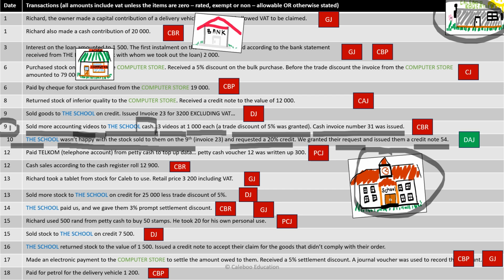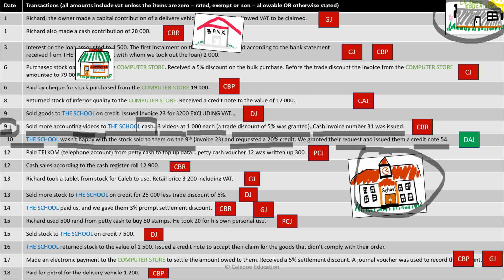I'm just changing that wording, because if we sold the items to the school for cash, we definitely don't want to go and credit their account, because they're actually not owing us any money as a result of the transaction that took place on the 9th. So I'm changing this here for the purpose of this lesson to, on the 9th, a credit sale of 3 videos at R1,000 each.